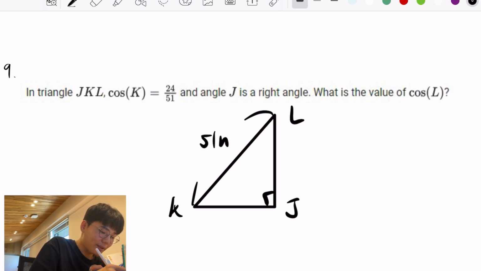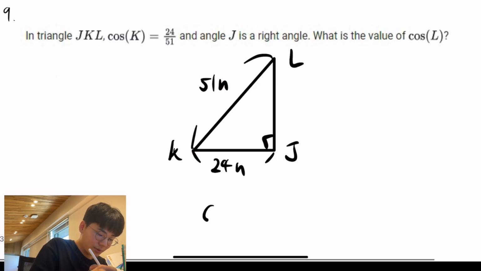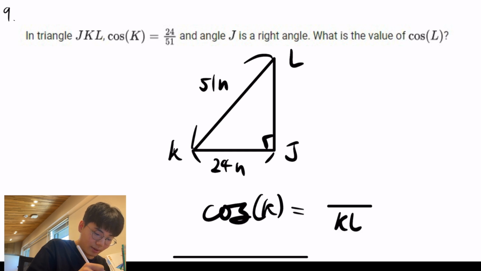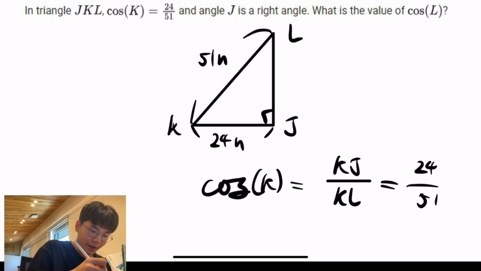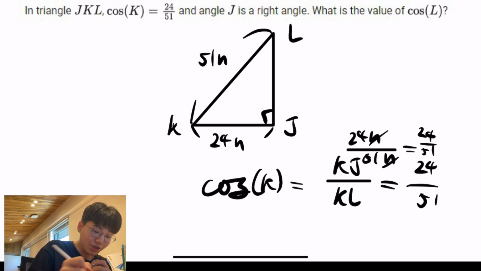Let's call it n. And KJ is going to be 24 times n. How do we get this? Cosine of K is KJ over KL, which is 24 over 51 in this question. If KJ is 24 times n, then KL should be 51 times n. These n's can cancel each other and it becomes 24 over 51.